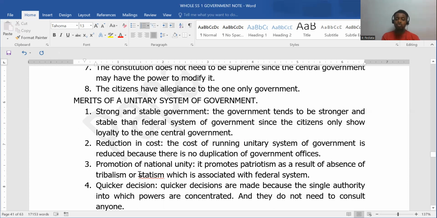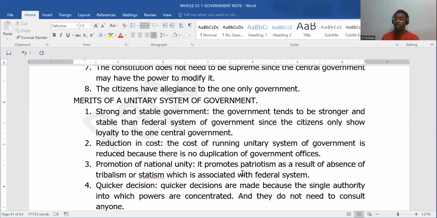Now, it leads to the promotion of national unity, patriotism, and the likes. Tribalism and statism are killed off because everybody's attention is on building the central government. Everybody pays their loyalty, their homage to the central government. The central government is all that exists. Power is not shared.